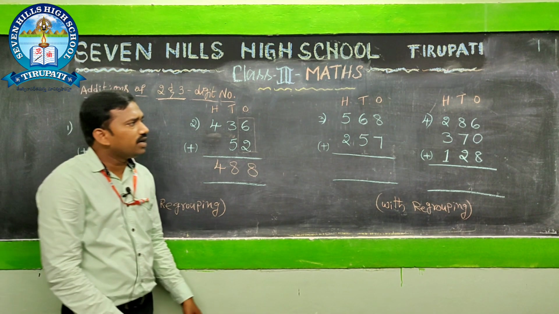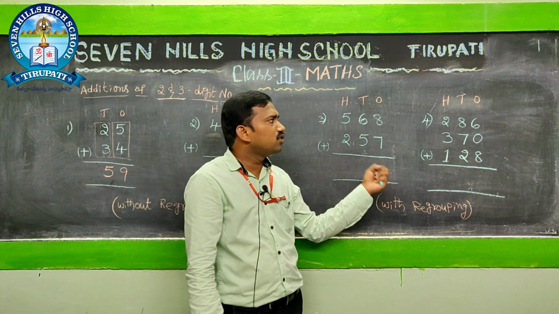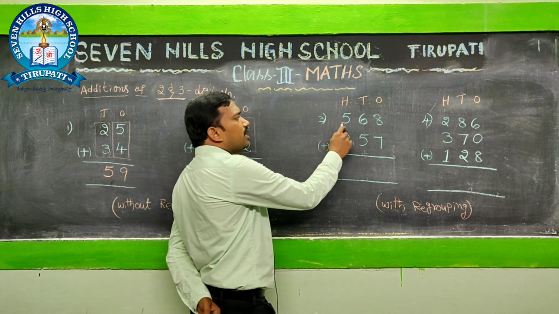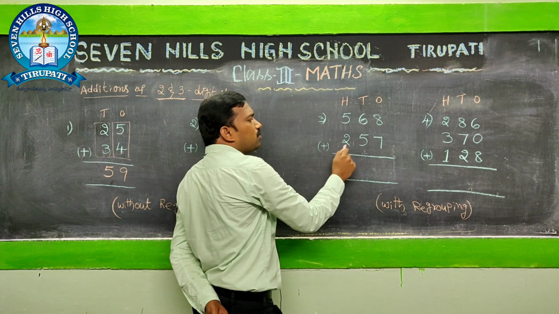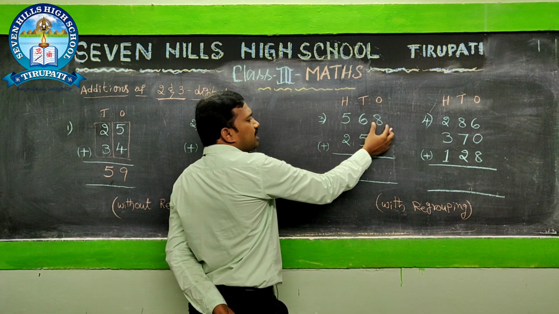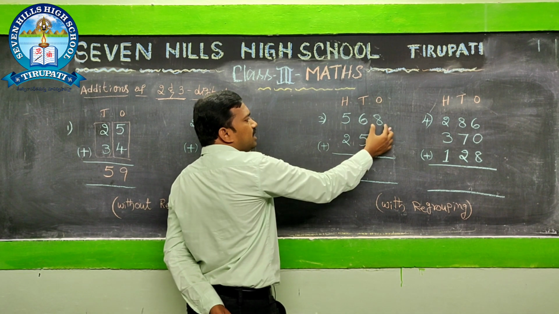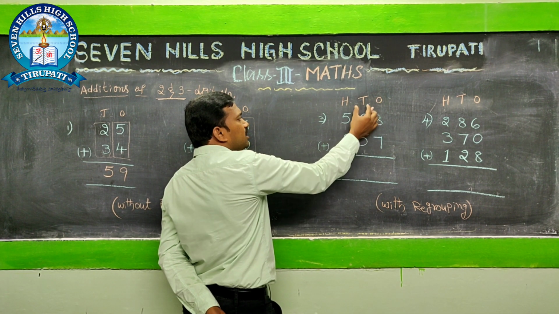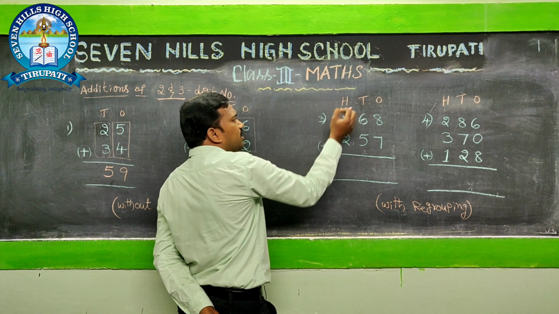Now how to solve with regrouping the numbers? Here one question is there: 568 plus 257. In 568, 8 is in the ones place, 6 is in the tens place, 5 is in the hundreds place.